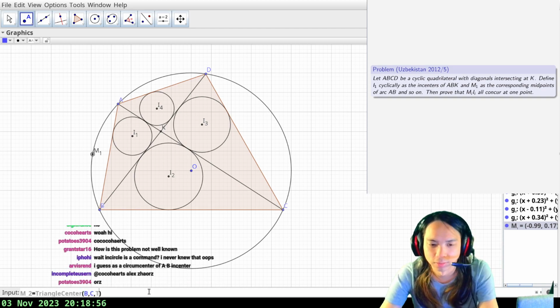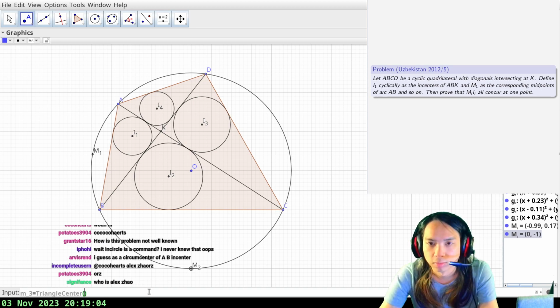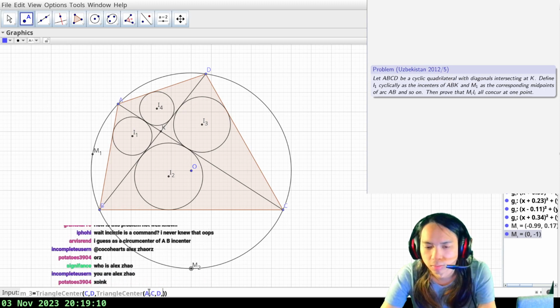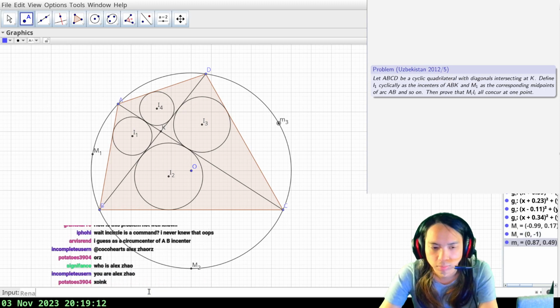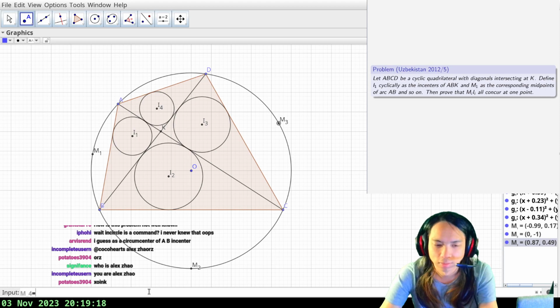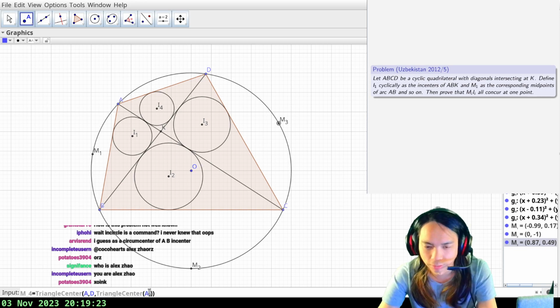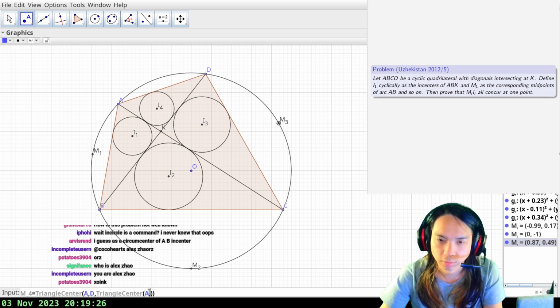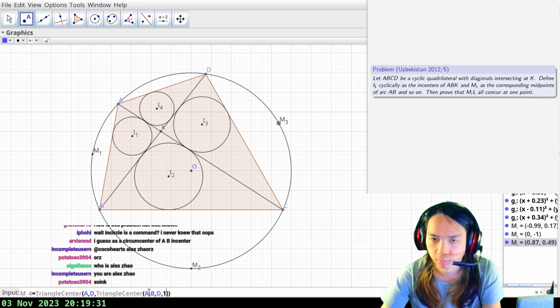Center, B, C, triangle, center, A, B, C, 1, 3. C, D. I keep hoping there's a better way to do it, but it might not be without defining your own macro. Okay, cool. We got it.